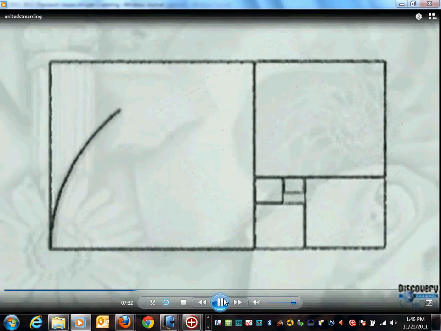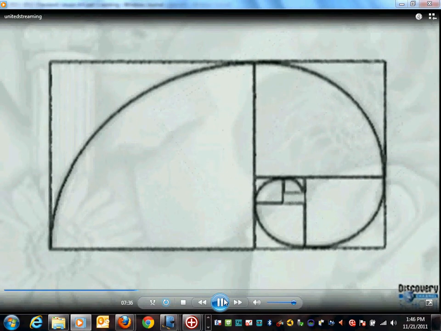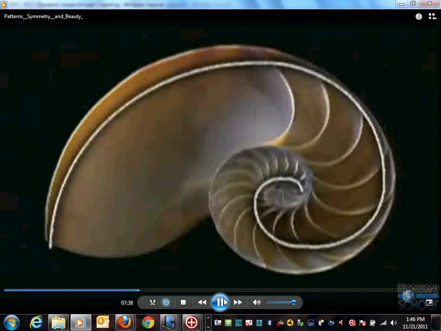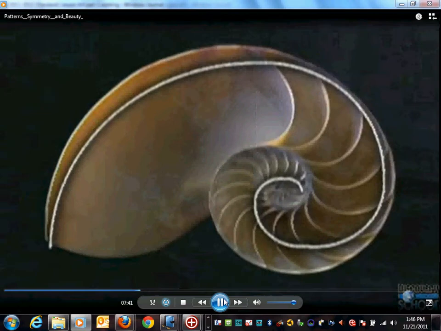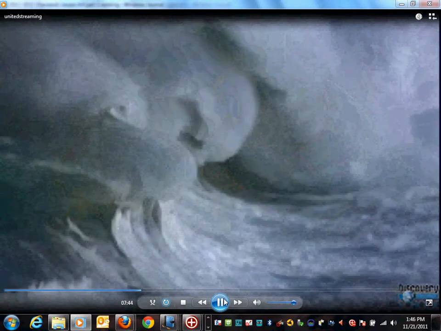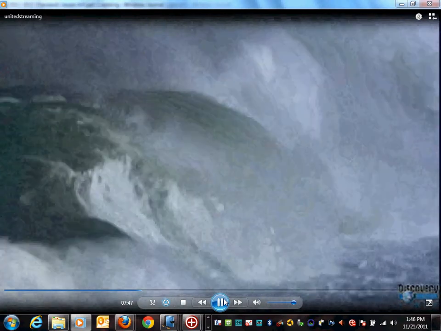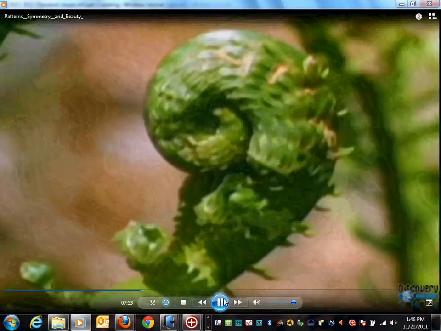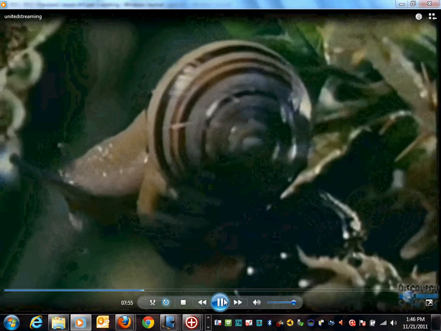It was a seashell. I told you guys. I still thought it was a turkey. Have we got number 7 yet? It's a ram horn. What number are we on? Snail. Snail, you were right.